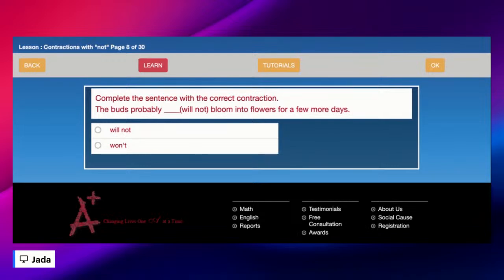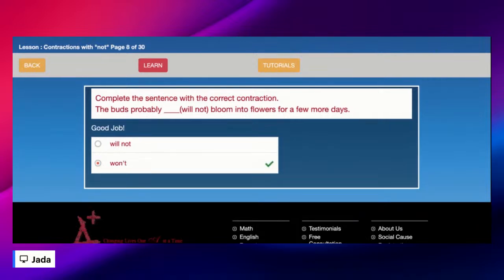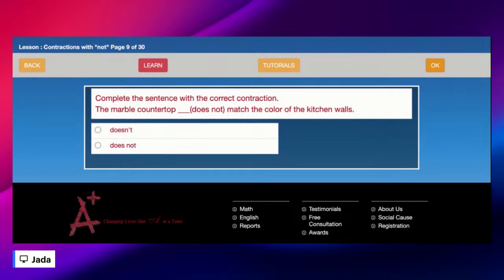Option two as well. Won't. So the marble counter. Which one? I don't like studying. You better study Hooper.